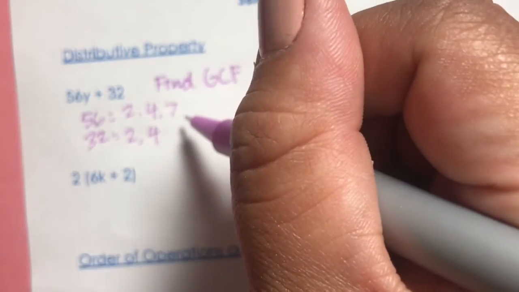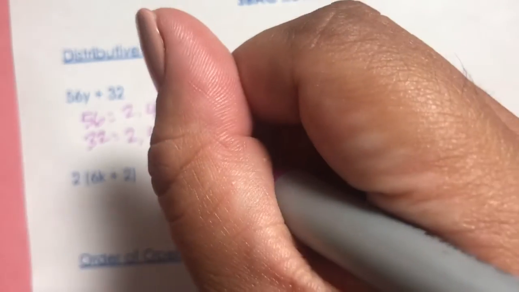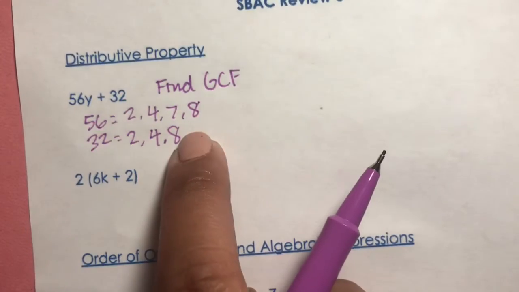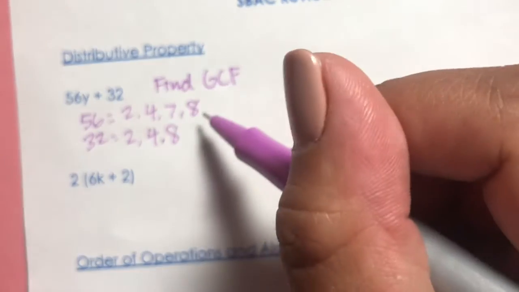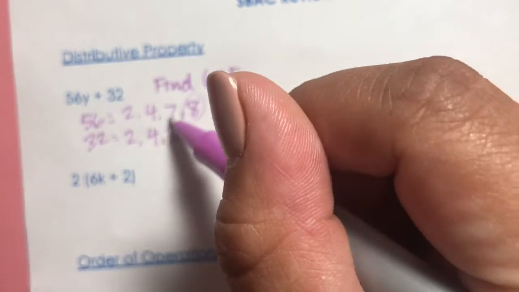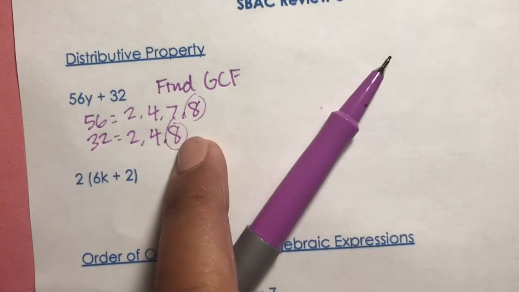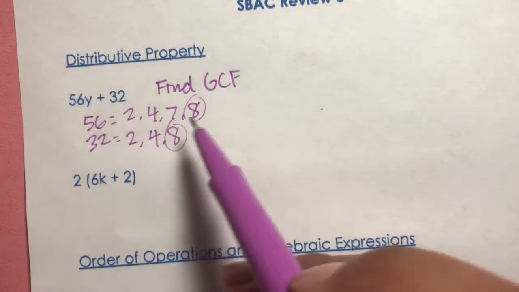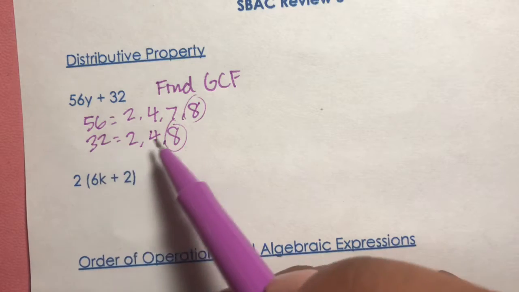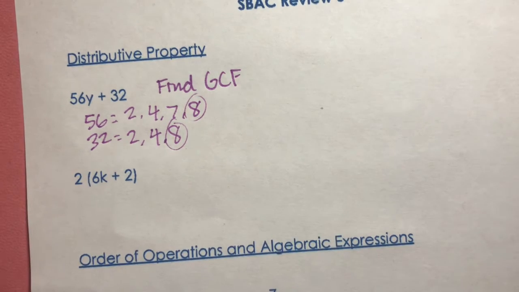I know that 56 has a factor of 7, and 32 has a factor of 8, which I know 56 also has. So based just on looking at this, I know that my greatest common factor for 56 and 32 is 8, because these are both divisible by 8. So that's the greatest common factor.